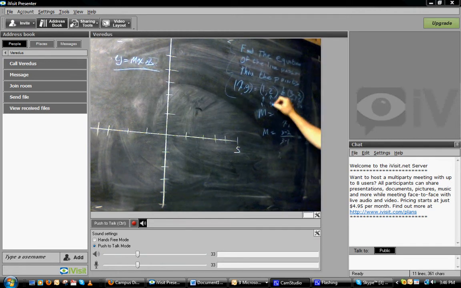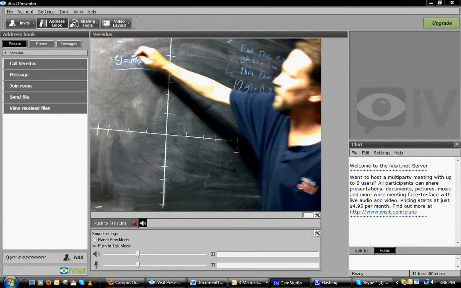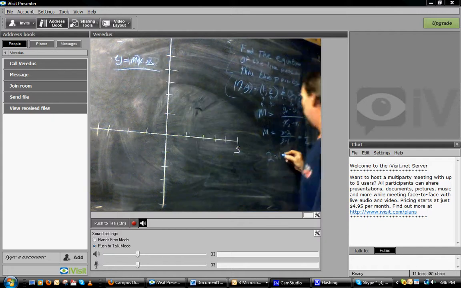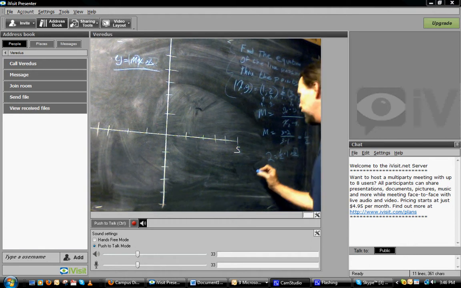So we'll use the first set here. Let's say that 2 equals our m value, as we can see here, this is the m value, 1/2 times 1 plus b. That's what we don't know. That's what we have to solve for, the b value.